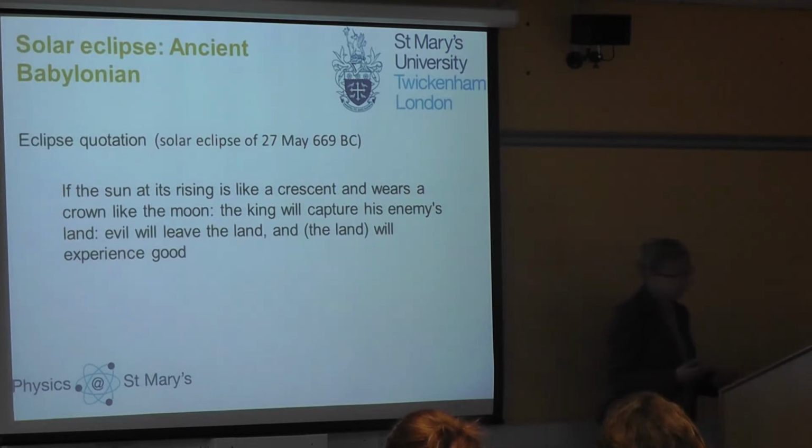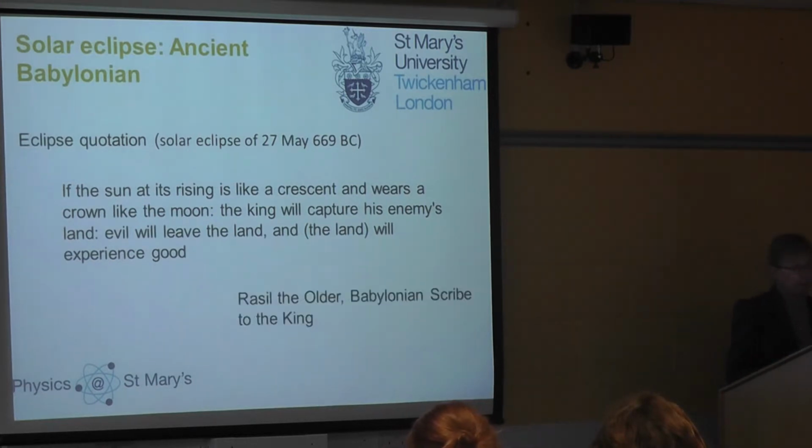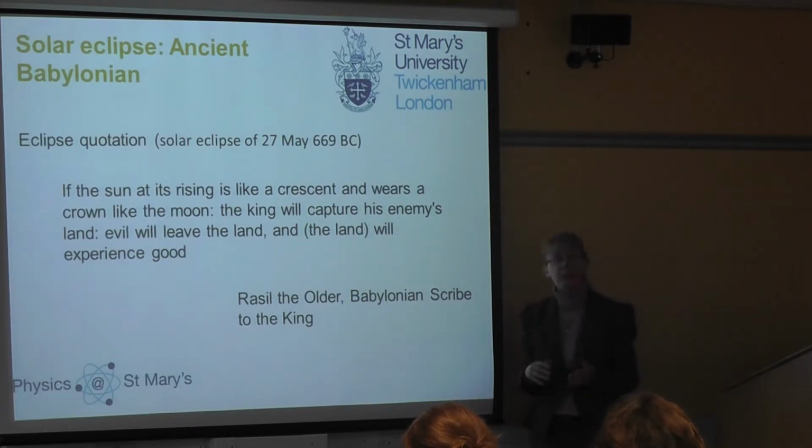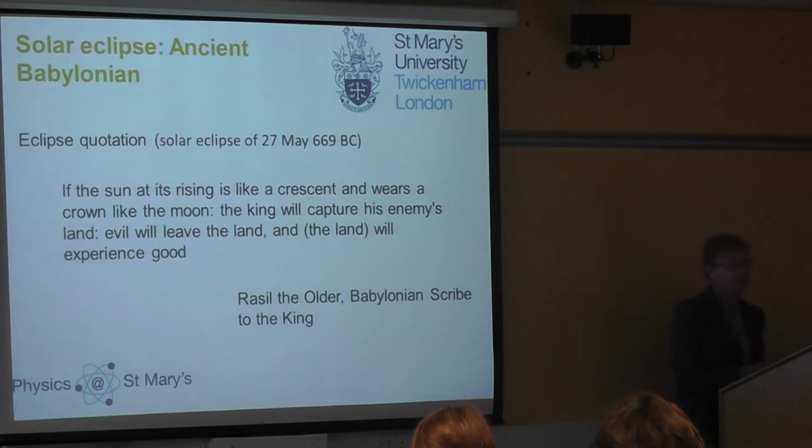This one was written by Resil the Older, a Babylonian scribe to the king. So eclipses were also used to see if the king was going to be successful in his war, or if there was any problem with his kingdom, and so on and so forth.